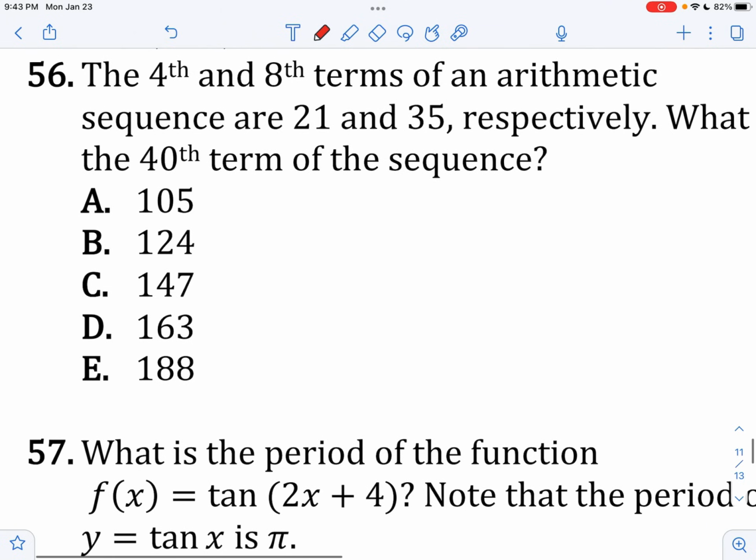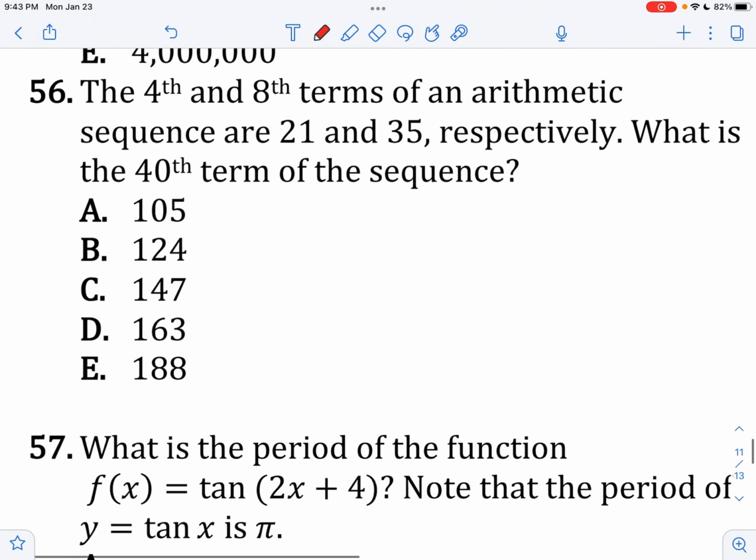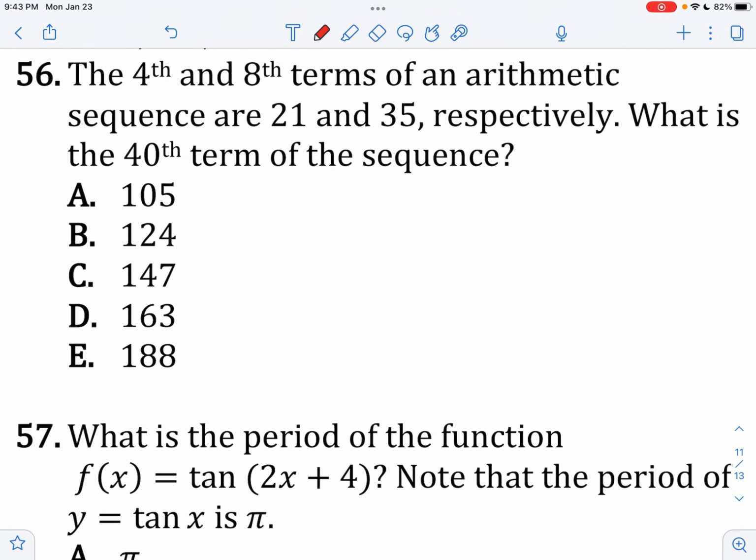The fourth and eighth terms of an arithmetic sequence are these. What is the 40th term? So arithmetic, A4 is equal to 21, which is equal to A1 plus 3D, if you just remember the formula. And then A8 is equal to 35, which is equal to A1 plus 7D.